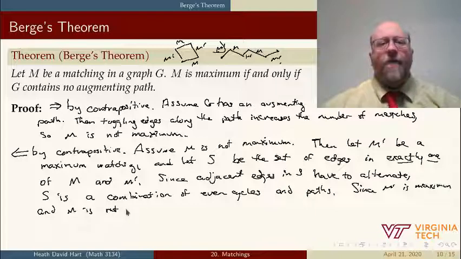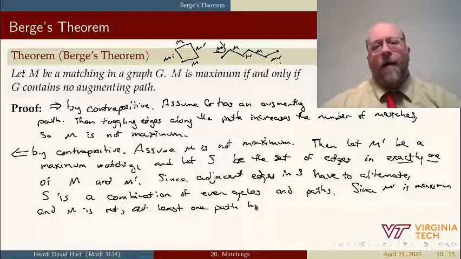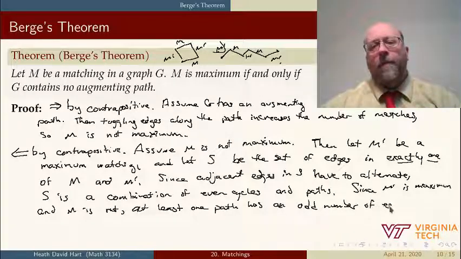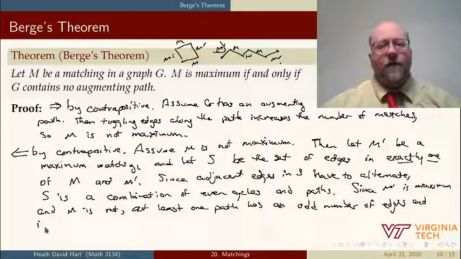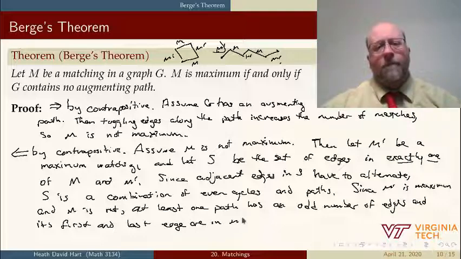Since M prime is larger than M, at least one path has an odd number of edges, and its first and last edge are in M prime. This is an augmenting path.